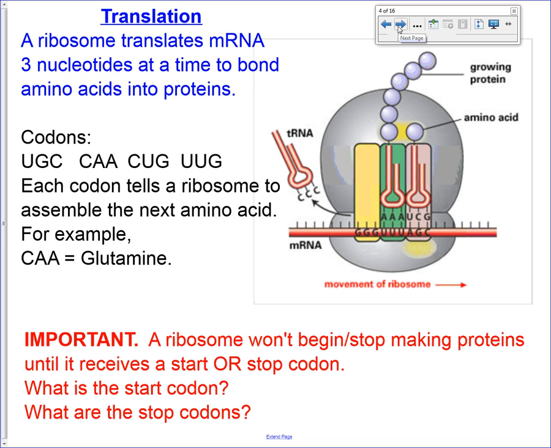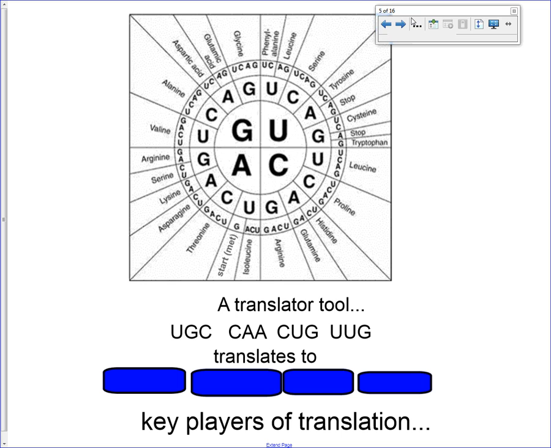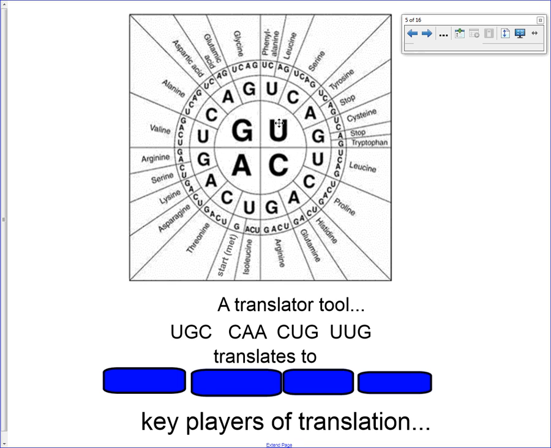One way to determine how a codon is going to translate into an amino acid is this nifty little sheet right here. The inner ring represents the first letter of a codon. The middle ring represents the second letter, and the outer ring represents the third letter. If you follow it from start to finish, you'll end up with an amino acid.